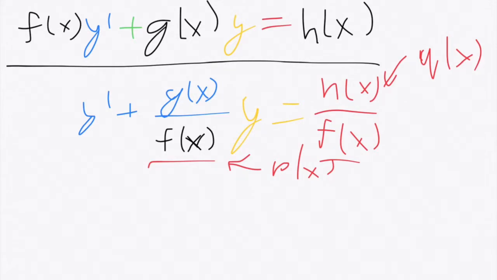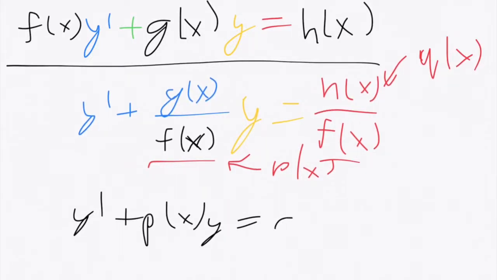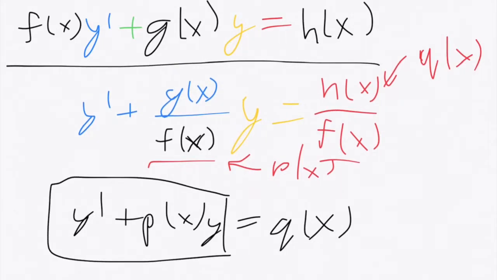So right now we have our differential equation, y prime plus p of x y equals q of x. So what will we do here? We're going to focus on this left-hand side for now, and we'll notice that we have both a term y prime and y.